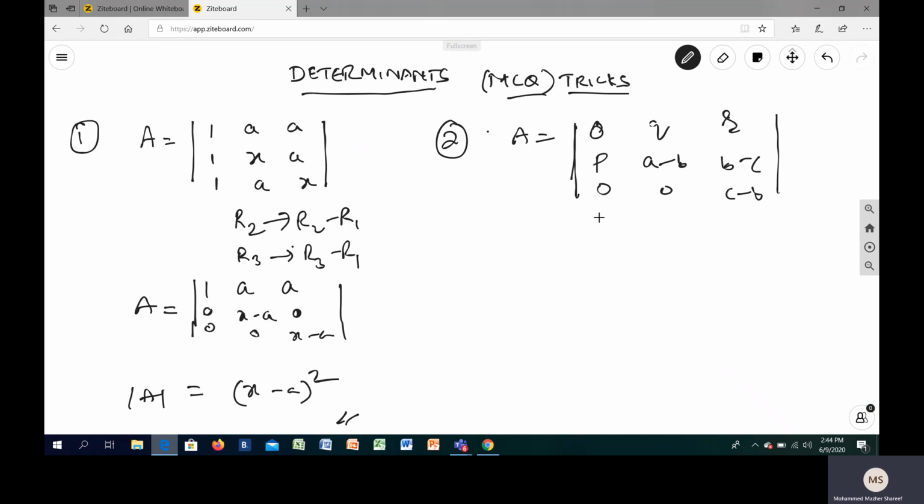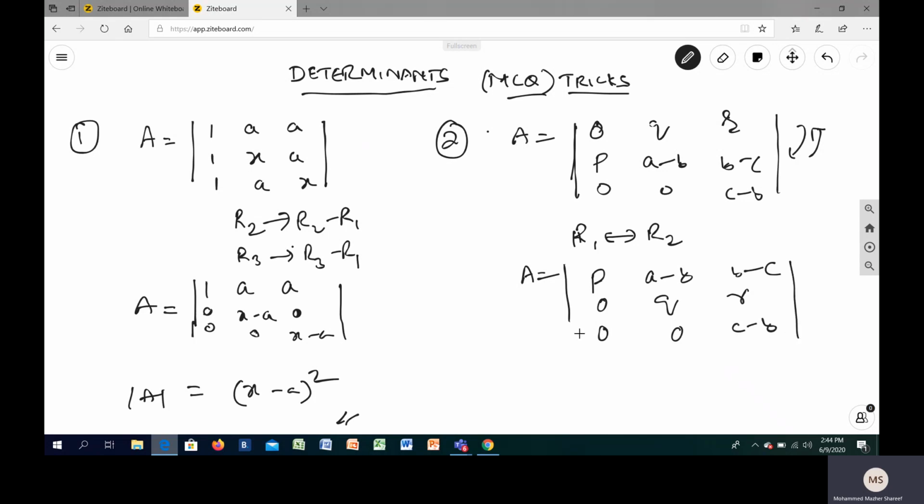Yes, without even performing a row operation, you can interchange R1 with R2. Because you already got a 0, you need one more 0 to form the triangle. So if you interchange, you get p, a minus b, b minus c, then 0, q, and r, then 0, 0 is already there, and c minus b.